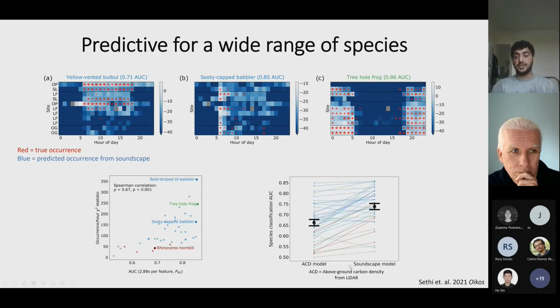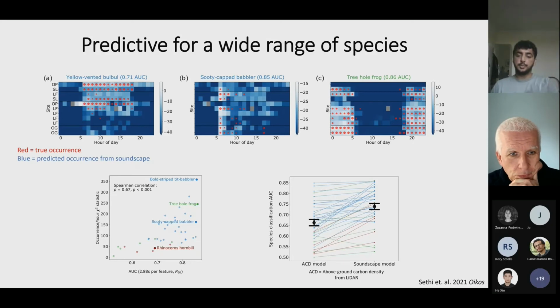And also just a so what, or what's the point? We compared the predictions of occurrence with a model that was based on LiDAR data from a drone that flew over the same forest. You might say essentially what you're picking up on here is a habitat suitability indicator. Could you not just get that by looking at the structure of the forest?